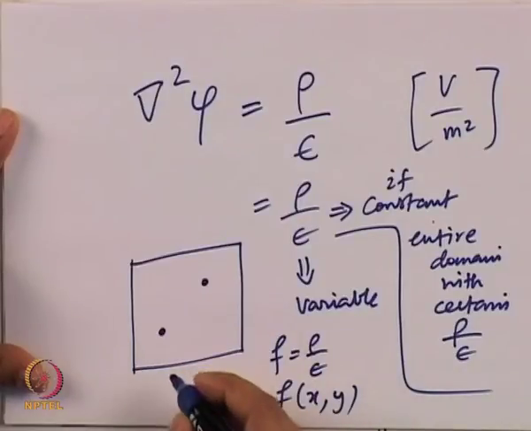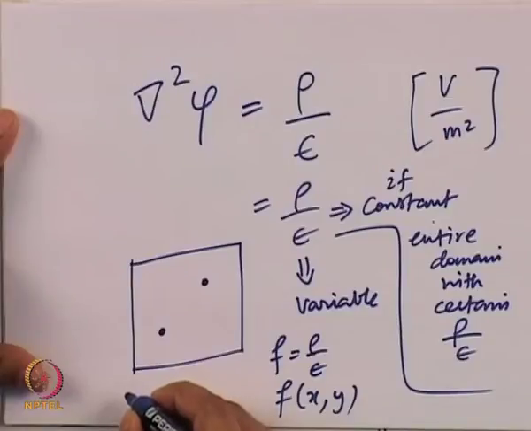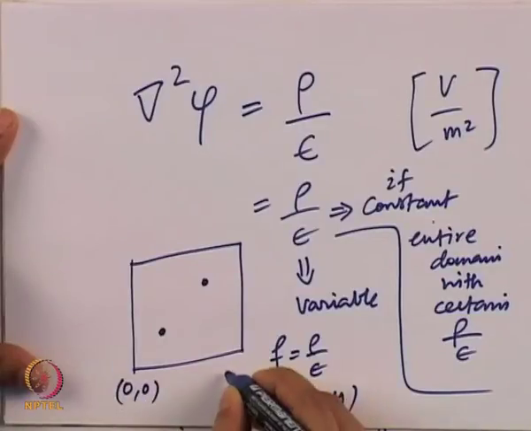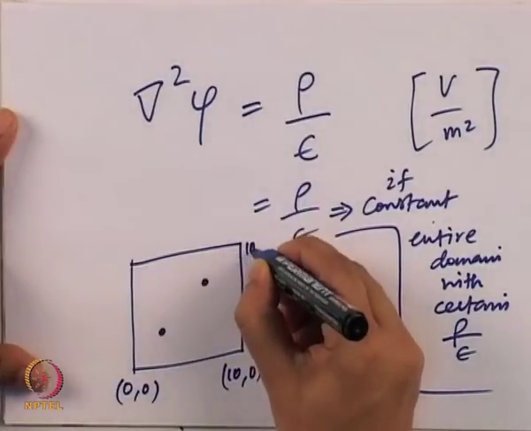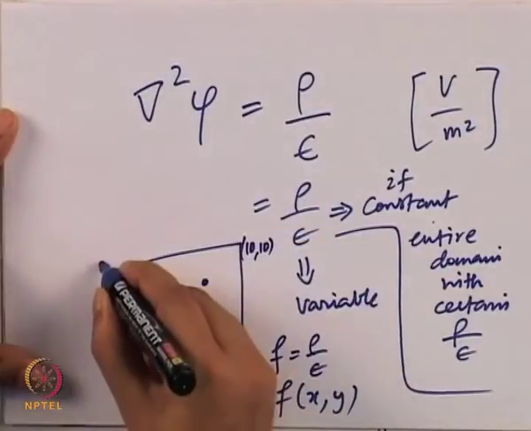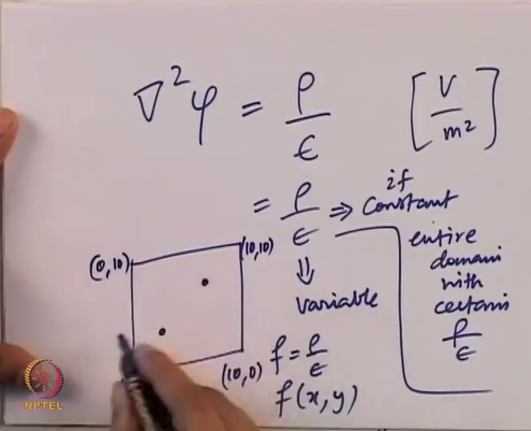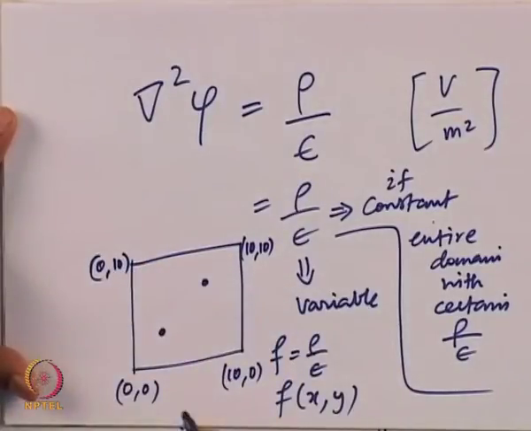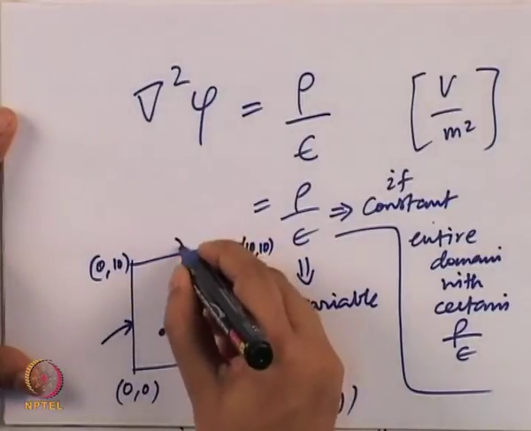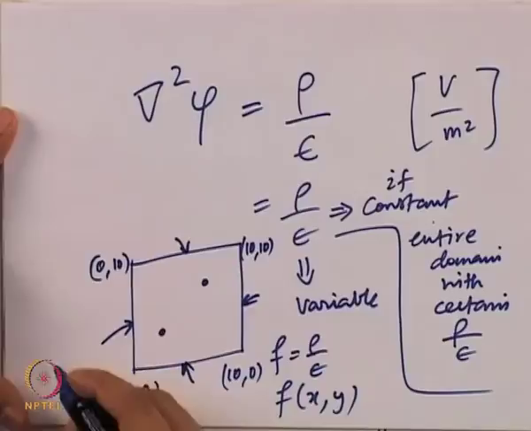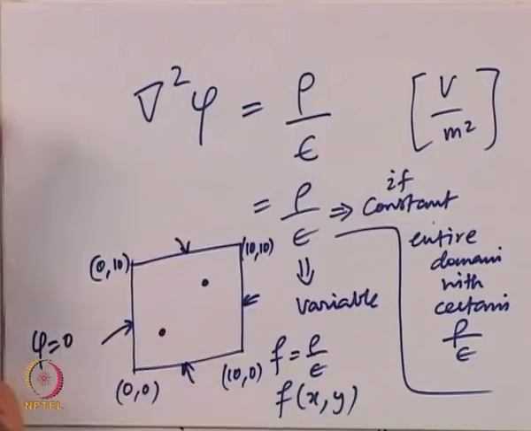In the example, we are going to run a particular simulation, and let us define the domain boundaries accordingly. We have 0 comma 0, 10 comma 0, 10 comma 10, and 0 comma 10. This is going to be the domain boundary, and we are setting all the boundary conditions where phi equal to 0.